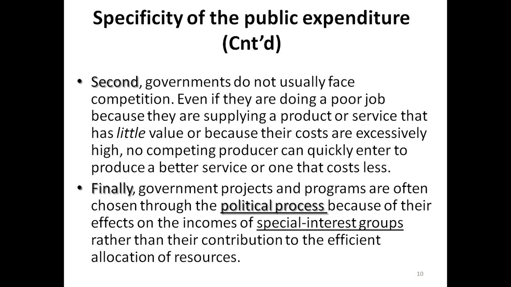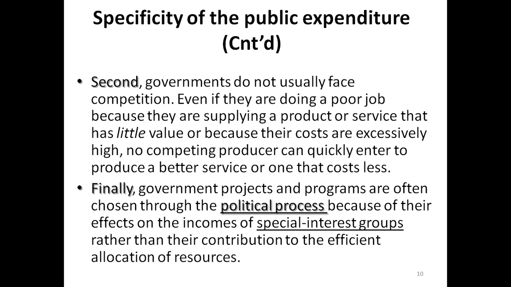Finally, government projects and programs are often chosen through the political process because of their effects on the incomes of special interest groups, rather than their contribution to the efficient allocation of resources. I hope you understand this specificity of public expenditure. The first one: the government sells a product but does not expect to get a profit from it.